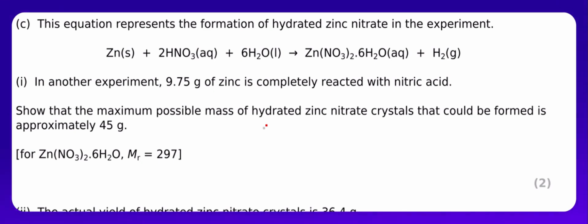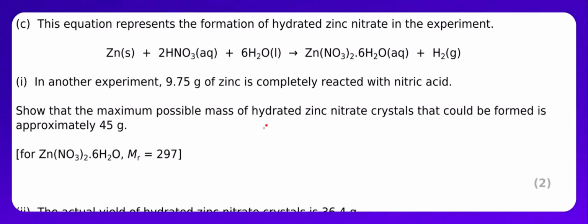Show that the maximum possible mass of hydrated zinc nitrate that could be formed is approximately 45 grams. We've been given the relative formula mass of the hydrated zinc nitrate, which is 297.